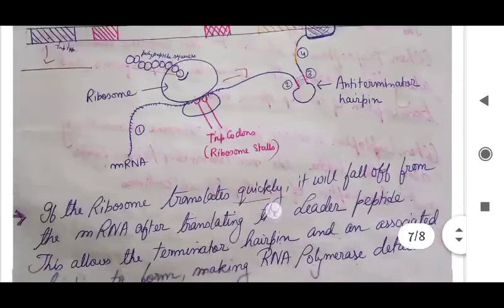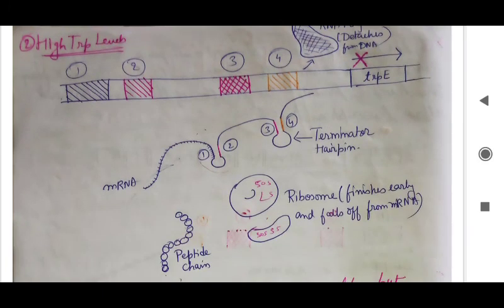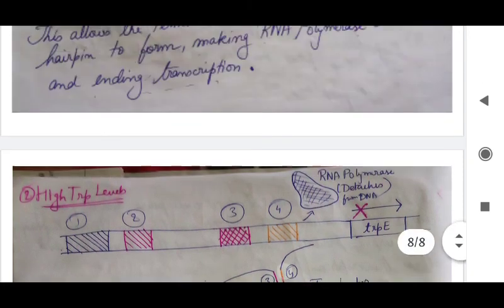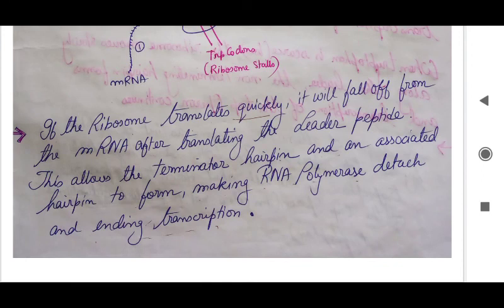Now if the tryptophan level is quite high, then what will happen? The ribosome will quickly be able to translate this leader peptide and fall off. See, it has been written here that if the ribosome translates quickly, it falls off from the mRNA after translating the leader peptide, and this acts as a signal that allows the terminator hairpin to form.